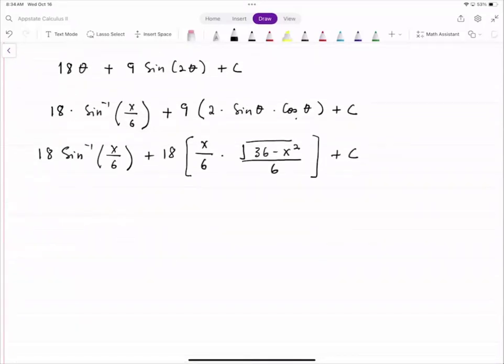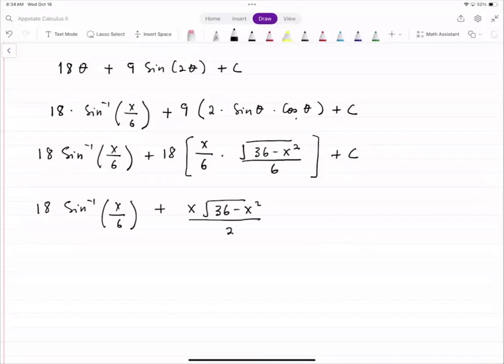And so the final answer is 18 sine inverse of x divided by 6 plus x times the square root of 36 minus x squared divided by 2 plus c.